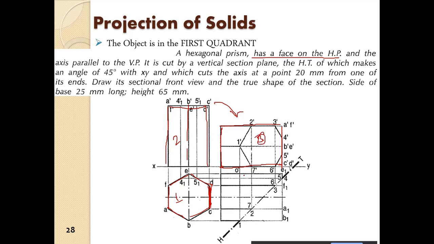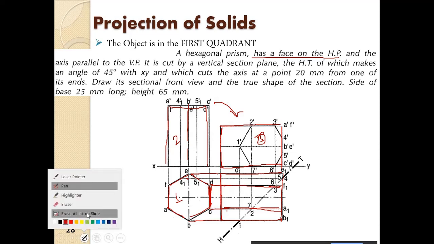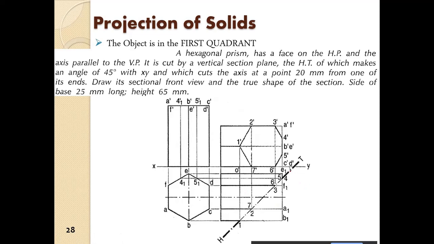Okay, after step 3, we have to project the points. Alright, the hexagonal prism points. You plot the prism points and you get the top view of the prism. So this is the top view of the prism. Once the top view of the prism is obtained, then you draw the section plane.